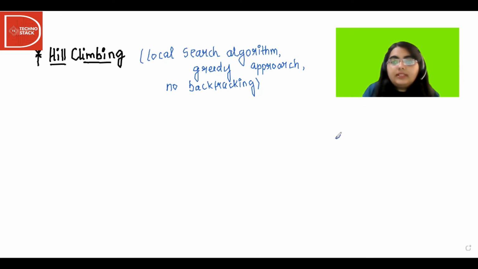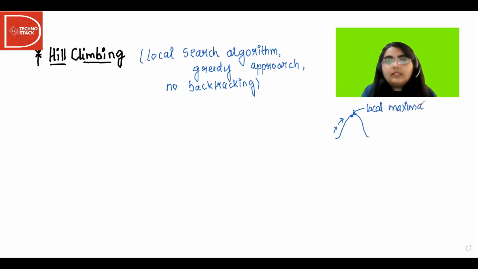Similar is the case of hill climbing. The algorithm looks into each case until it finds the local maxima, and when it finds the local maxima, it stops there.